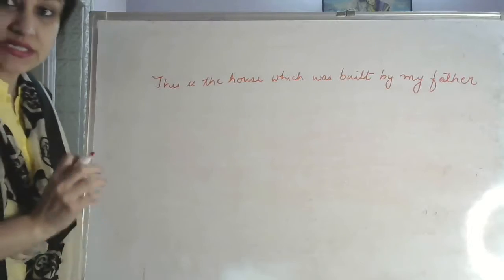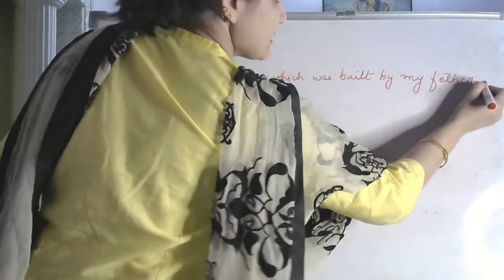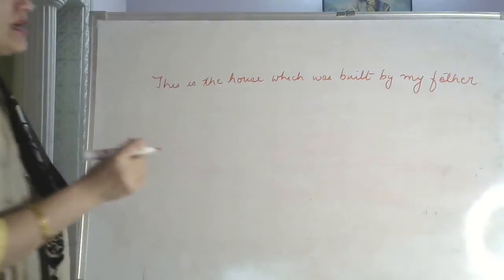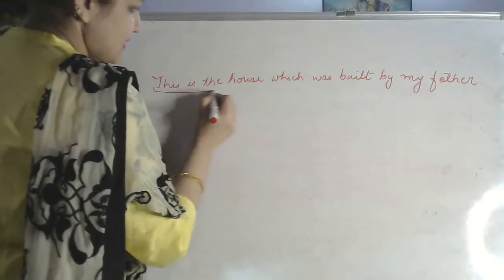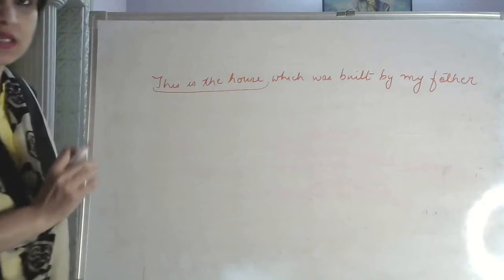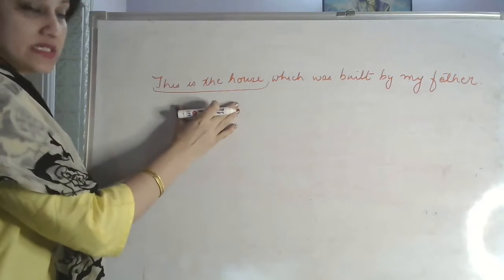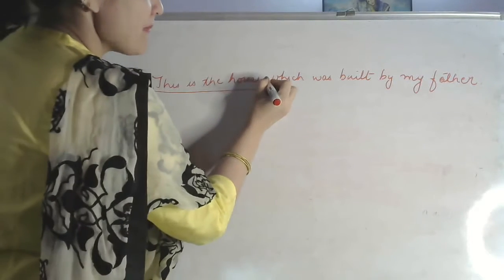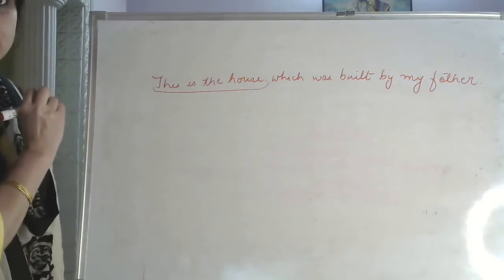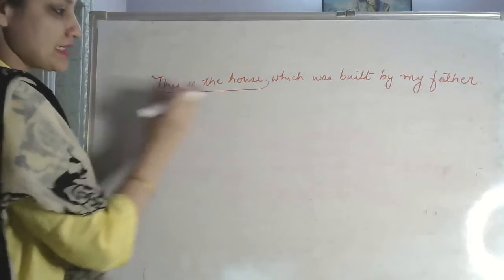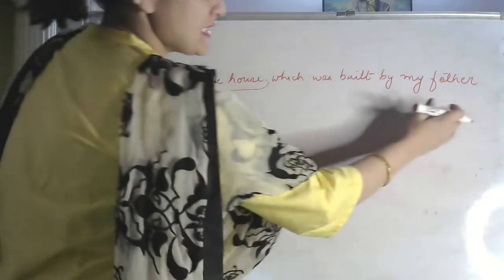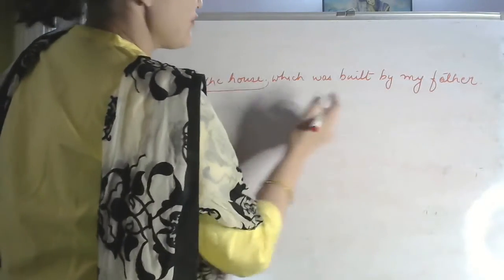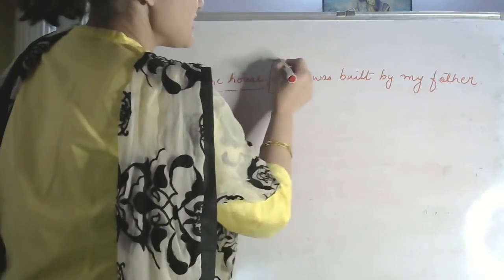Now, can you see the sentence? It's a proper sentence. It's a long sentence. Now, when you read a sentence, this part is complete. This is the house. It is complete, and you can say, okay, this is a complete sentence. If I put a full stop, it is a complete sentence. But this part of the sentence, which was built by my father, is not complete.